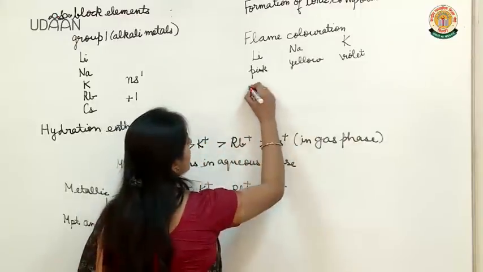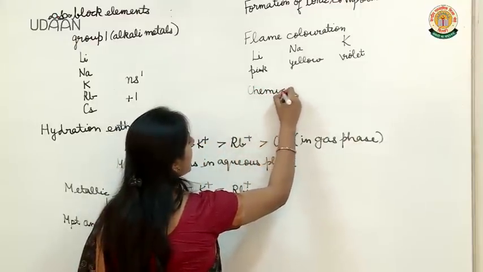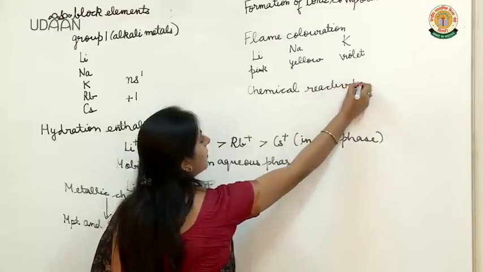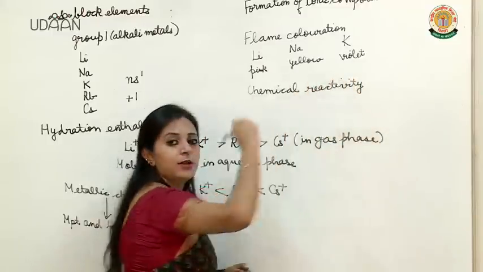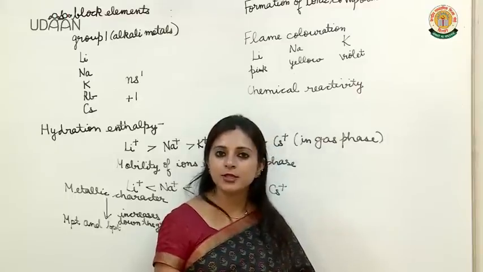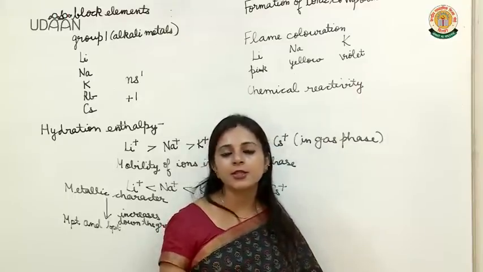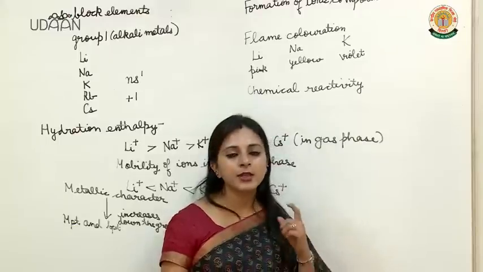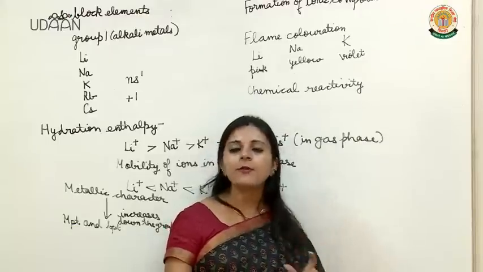Now, let us understand the chemical reactivity of these alkali metals. Since I told you, because of their bigger size, they have low ionization energy, and since they have low ionization energy, they can easily lose electrons, and if they can easily lose electrons, they can easily form cations.